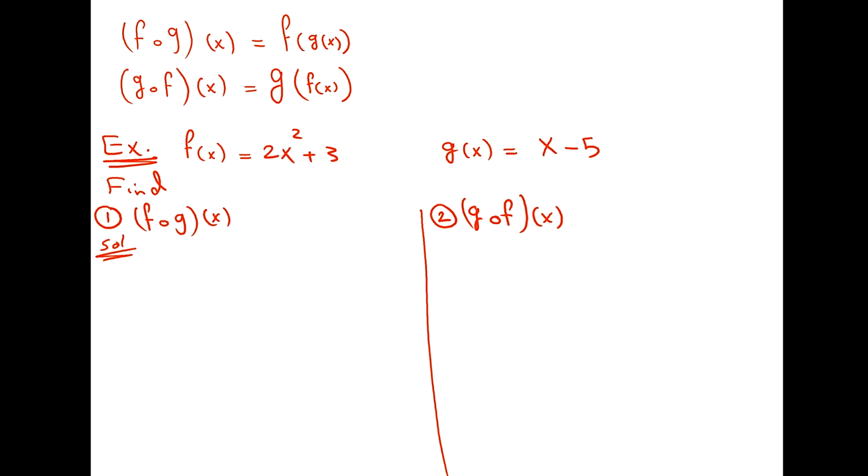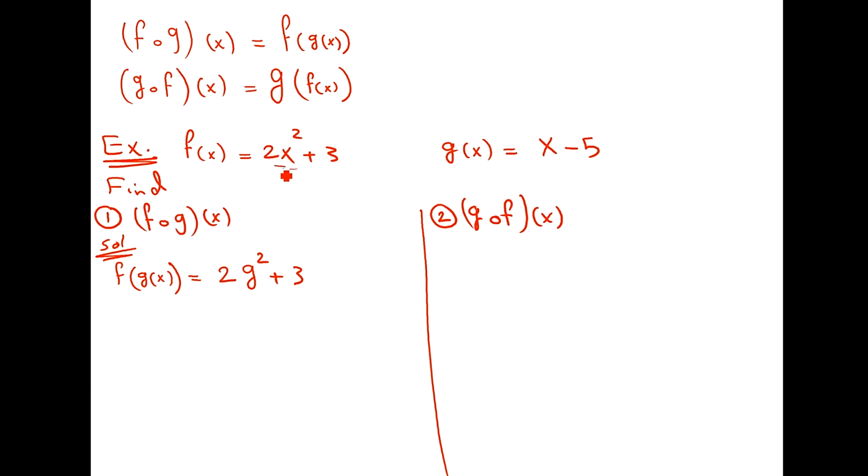Look at this, f composite g, this equal f of g of x. Okay, this means we substitute or replace x with g. So we have 2 times g squared plus 3.